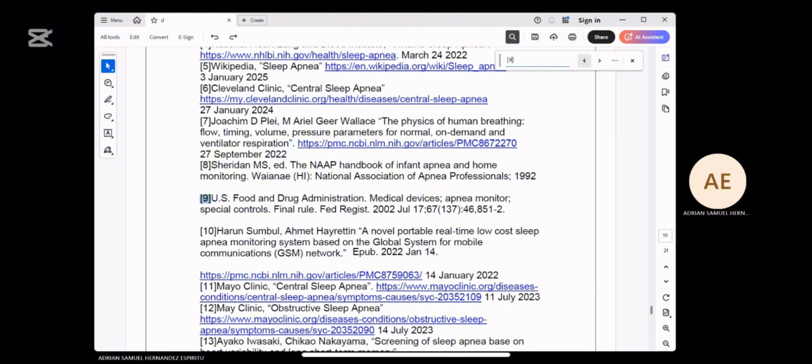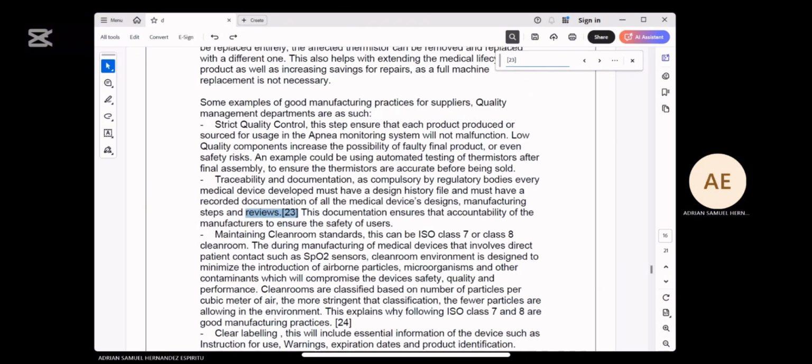For my 6th reference, I'd like to be talking about another design control guidance document that was done by the FDA for compliance of medical device manufacturers. So this is a guide written to comply with design controls along with good manufacturing practices.